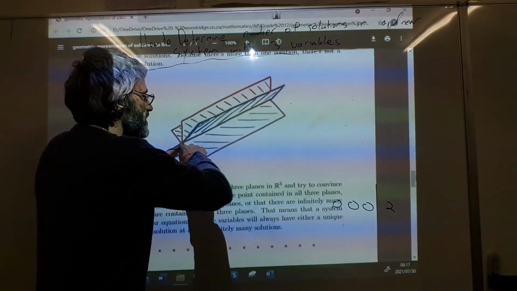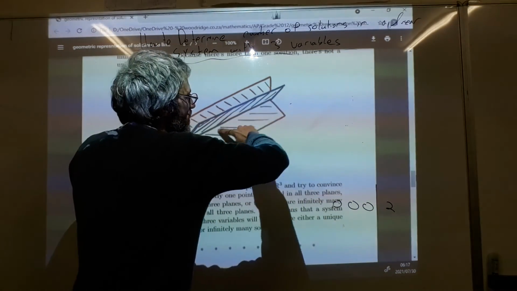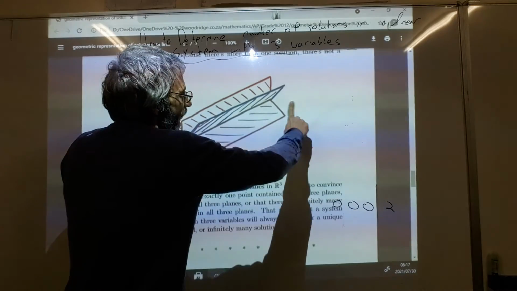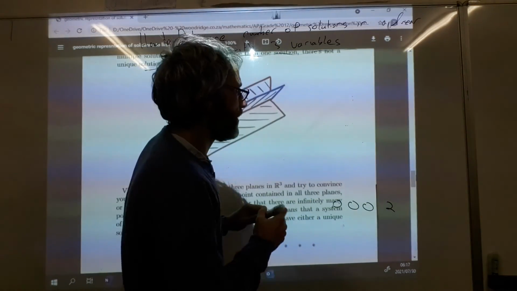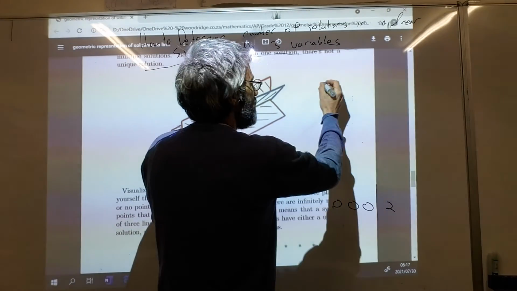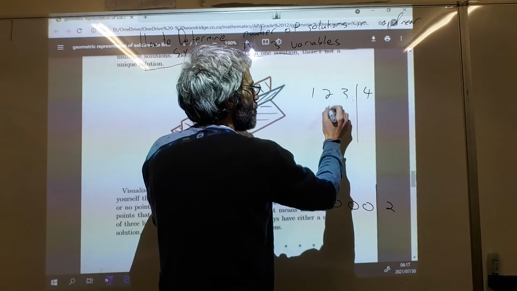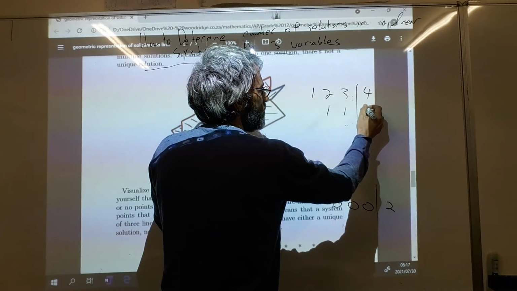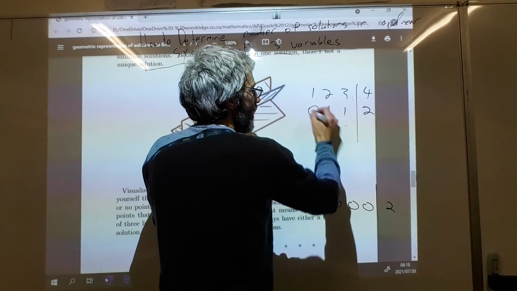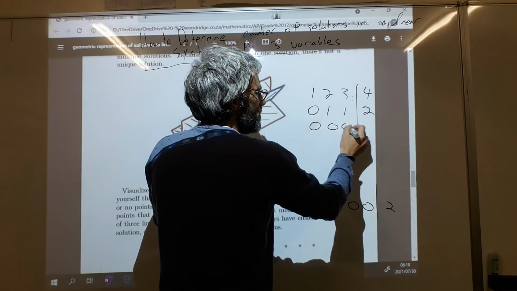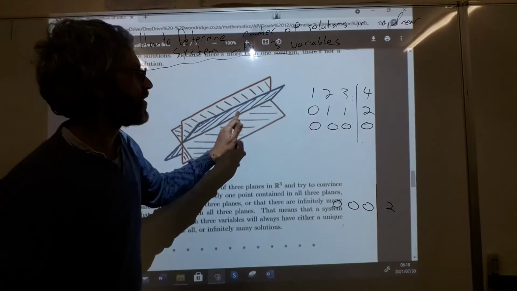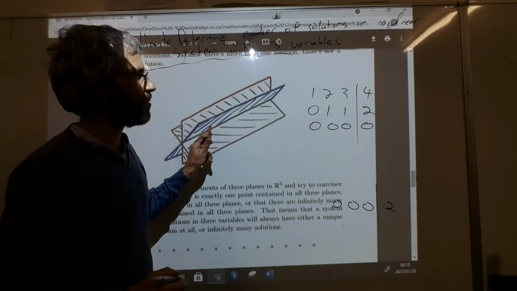The intersection is a line. And when we had an example before, let's say 1, 2, 3, 4, and this was 1, 1, and 2, and this was 0, 0, 0, 0, that's going to be one of those.